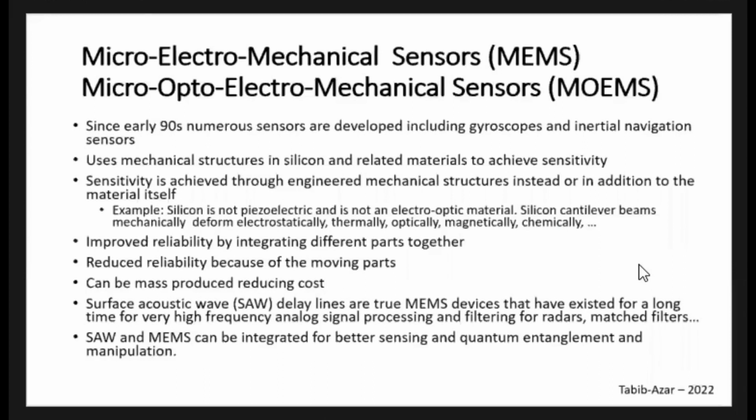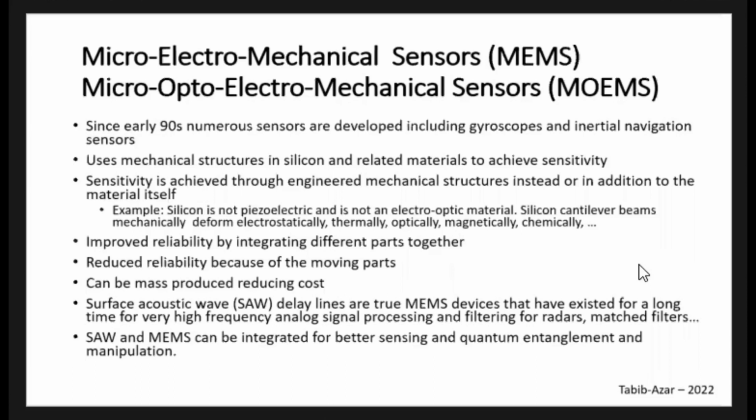Now, for those of you who may not be familiar with MEMS, these have been developed for a long time, actually before the 90s, but especially since the early 90s, DARPA and other funding agencies have put lots of resources into microelectromechanical sensors.